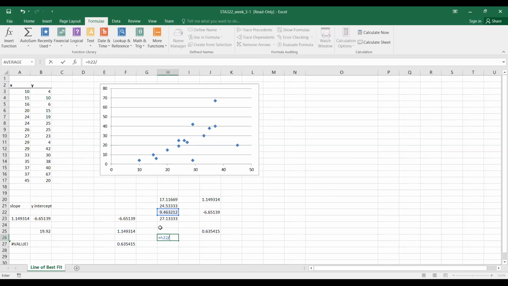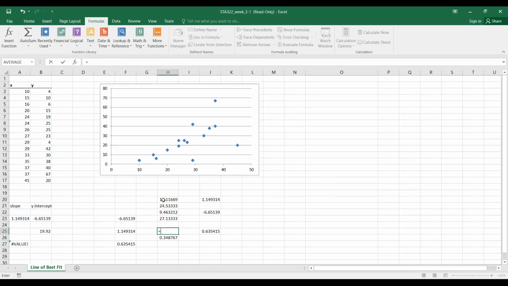which is H23. And then enter it. So our coefficient of variation for X is 0.34. So let's do the same thing for the Y's.